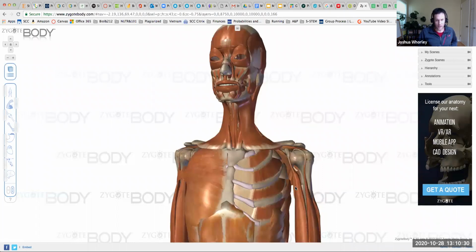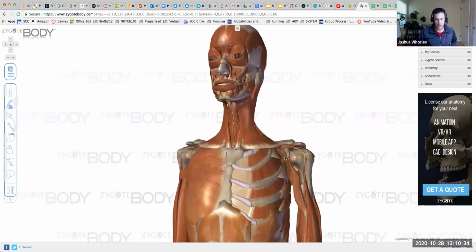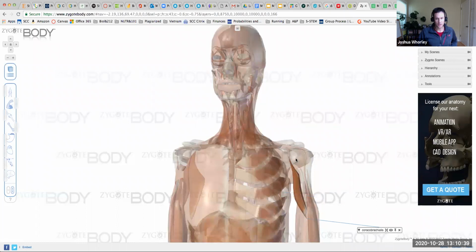Wow, we had to dig for that. It has its origin on the subscapular fossa, the anterior portion of the scapula, and it's inserting on the anterior portion of the humerus as well. Okay, so those are all the muscles of the rotator cuff: the supraspinatus, infraspinatus, subscapularis, teres major and minor.